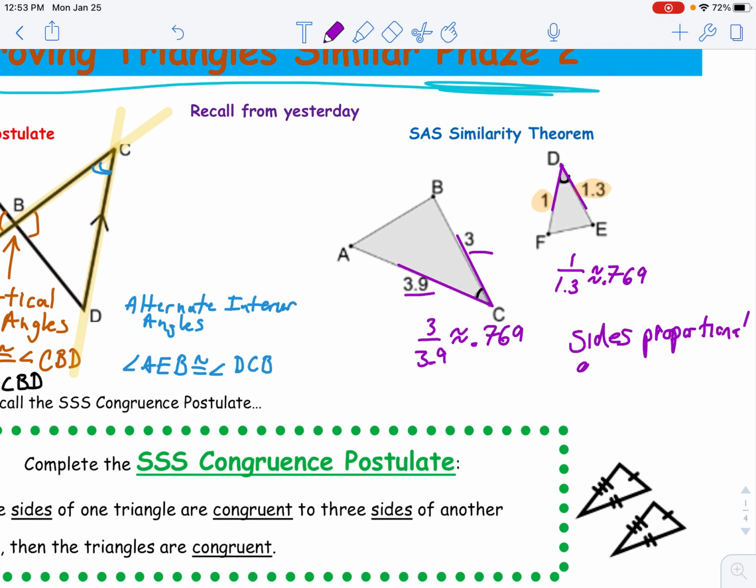All right, so sides are proportional, and again, we'll elaborate on that. Sides are proportional, angles congruent. That's what it is in similar triangles. And then in this particular one, I can say triangle ABC is similar to triangle EFD.